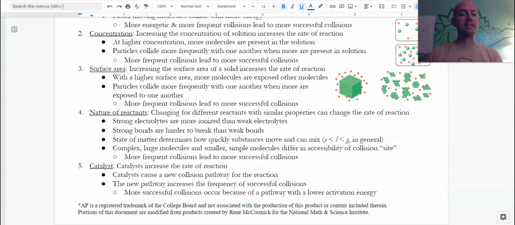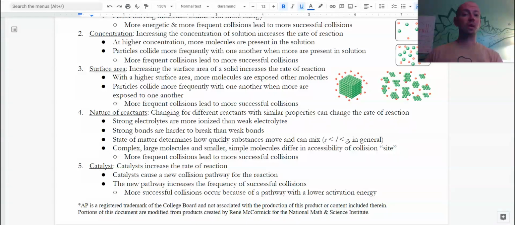Our solids not only are moving more slowly than liquids or gases in general, they also may have a different amount of surface area. So gaseous molecules tend to be the fastest to react. And then as we look at different molecule sizes, complex large molecules won't react as fast as the small ones, because of restrictions of surface area, but also how fast the particles can react.